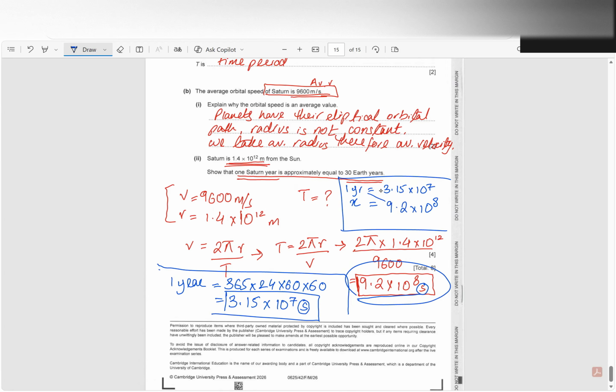When you further simplify, you get an answer which is approximately 29 something. So this is what the question demanded: show that one Saturn year is approximately 30 Earth years. So this is it. I hope you understood.